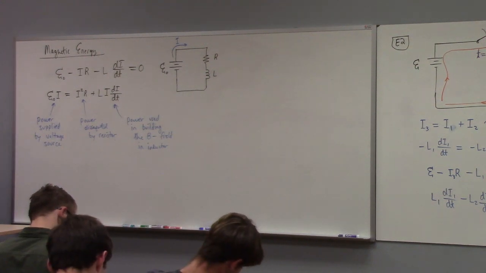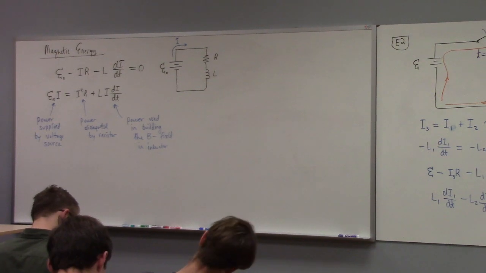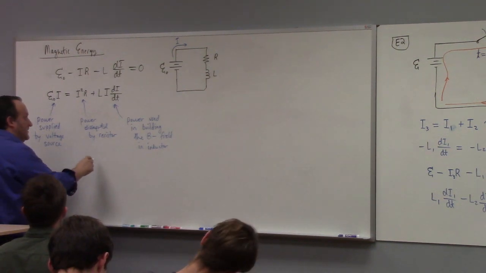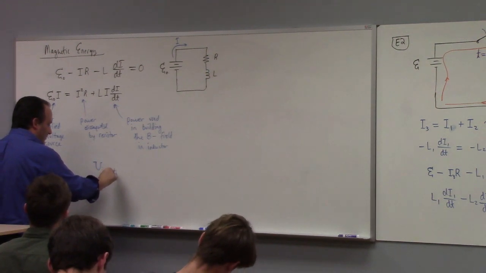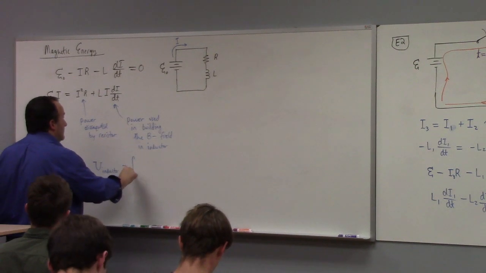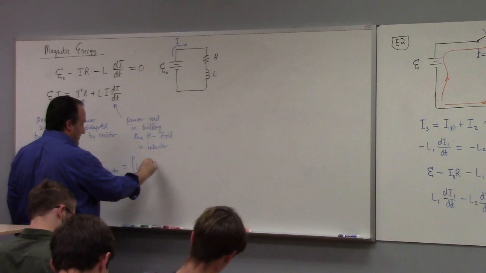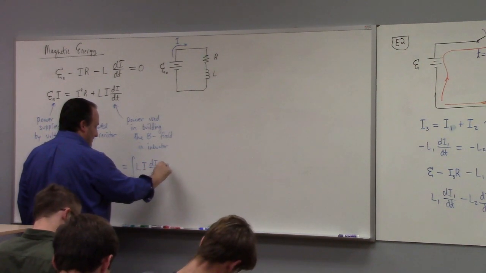So if that's the case, and power is energy per time, if we wanted to find the energy stored in the inductor, what would we do? The energy in the inductor should be the integral of L I dI/dt, integrated over time, right?